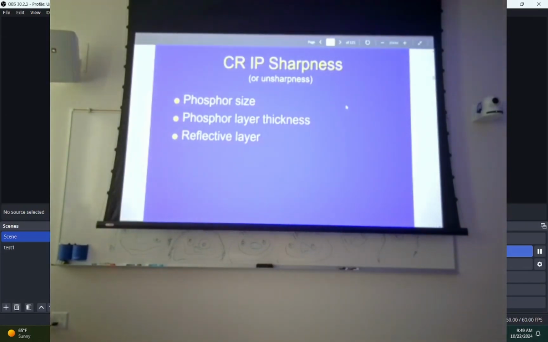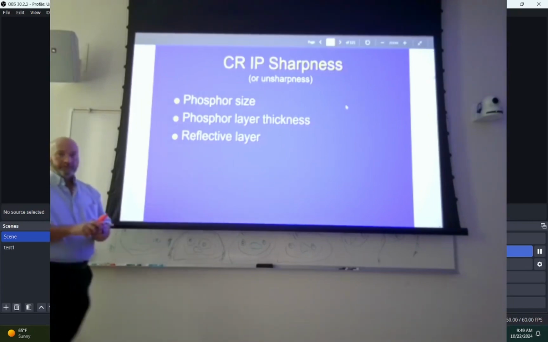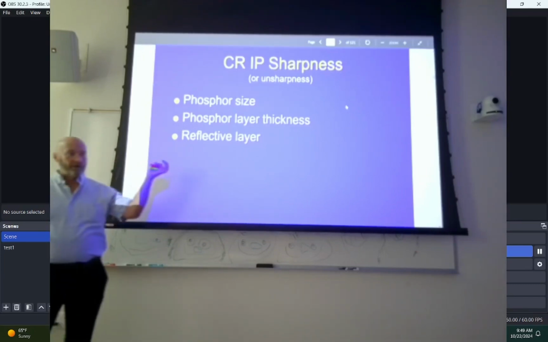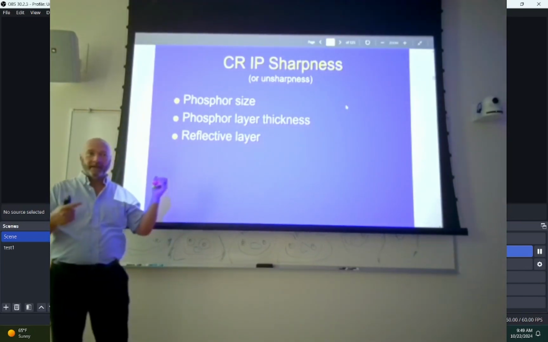So what controls the sharpness in a CR system is the same thing that controls sharpness in your current systems, and that is the size of the phosphor. So if all your phosphors are big, comparing, again, these needle phosphors, so to speak, if all your phosphors are large like this, then what that's going to result in is an image that's kind of pixelated.